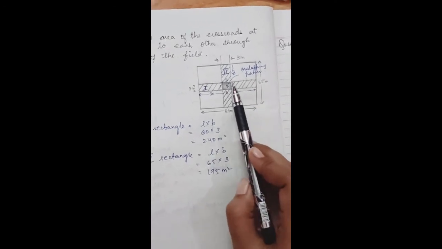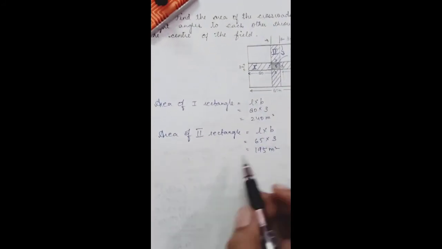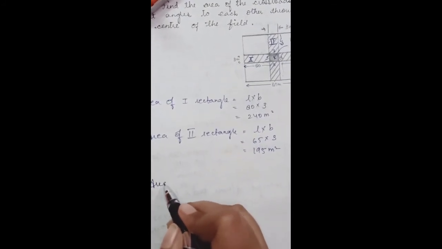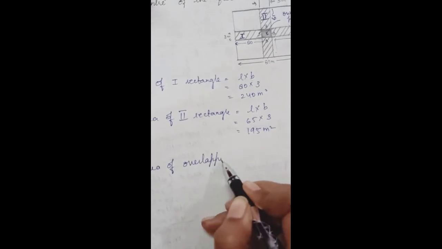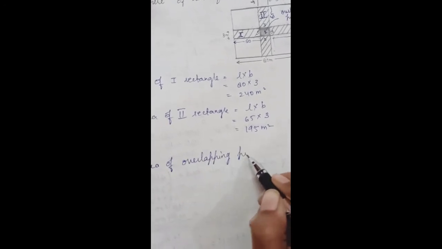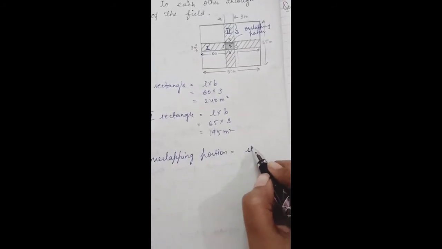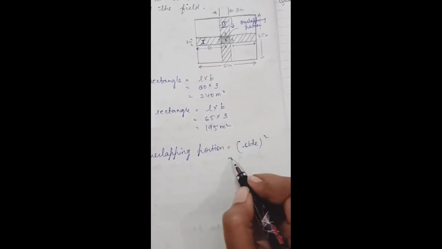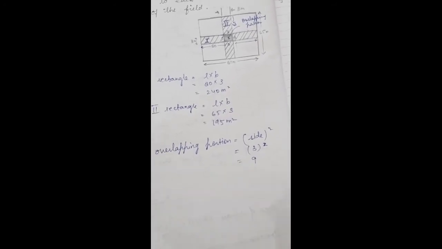It means that this overlapping part is a square. So here we find the area of overlapping portion. This overlapping portion is a square. So we use the formula of a square, that is side square, and we have a side 3. So 3 square is 9.